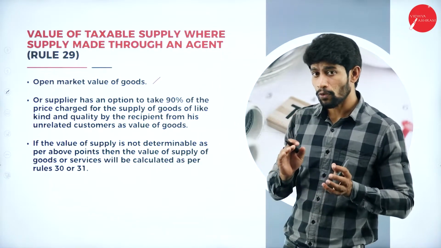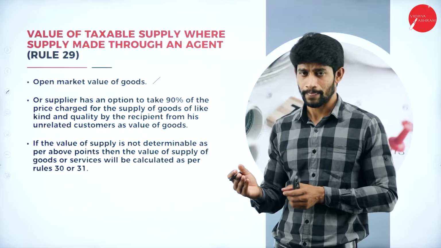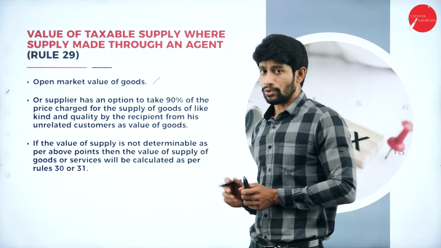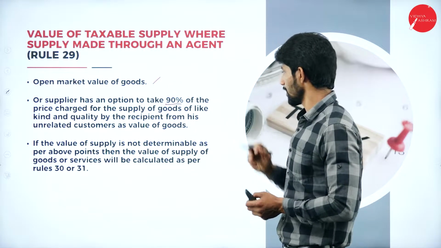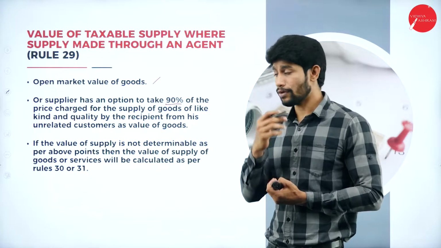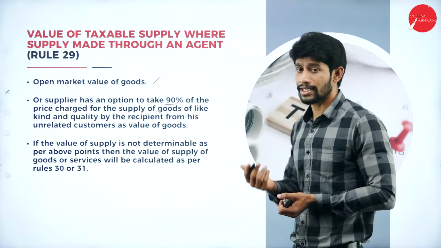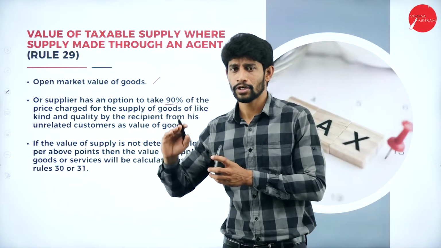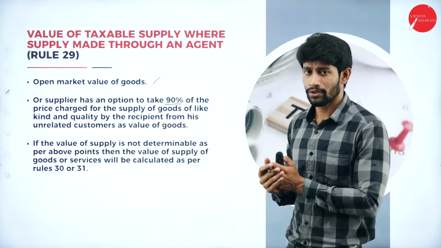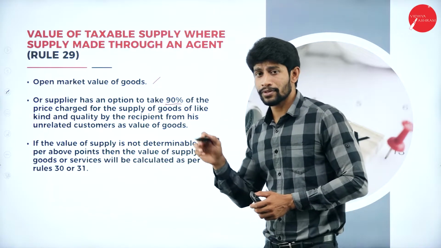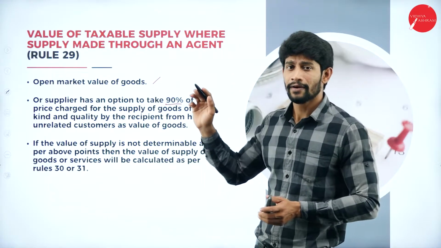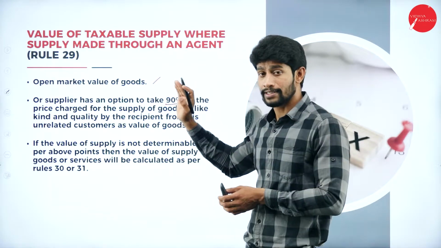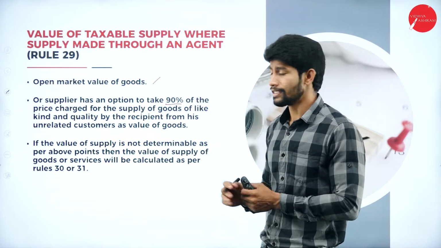If the open market value of the product is not available, then the supplier has the option to take 90% of the price charged for the supply of goods of like kind and quality. If it is not possible to determine as per the first condition, then the supplier will consider 90% of the value of the like kind and quality product as the value of taxable supply.